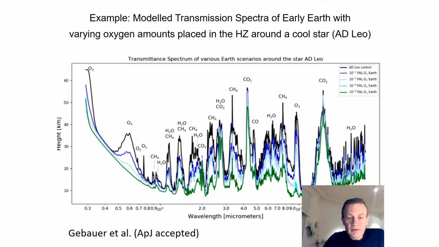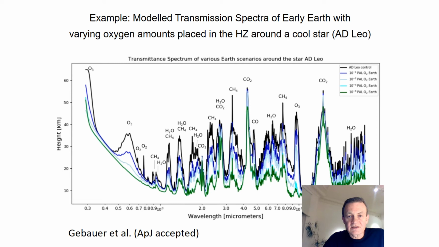This is an example calculated in our group at DLR. You see model calculated theoretical transmission spectra of a planet like the Earth with Earth's properties and Earth's biomass emissions, and we place this planet in the habitable zone around an M-dwarf star.